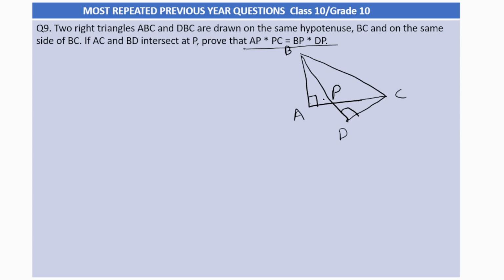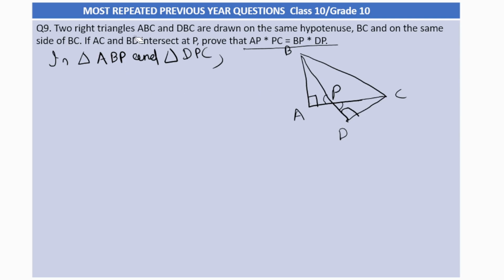And what about these angles here? These are two vertically opposite angles. So, now in triangle ABP and triangle DPC, I am talking about these two triangles.